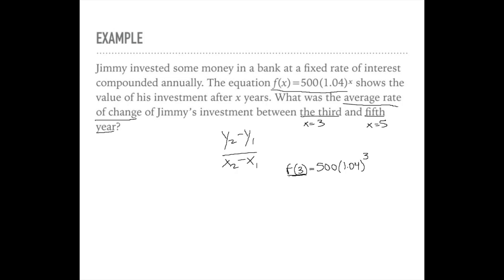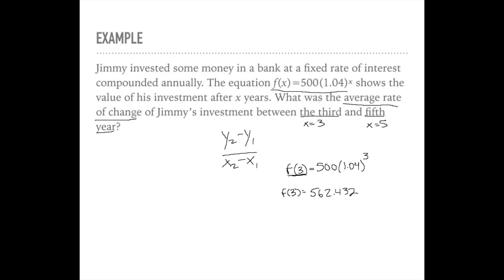Let me do that in my calculator. That turns out to be 562.432. You could round here, but you might get into trouble. It's only 3 decimal places, so I'm going to keep it.